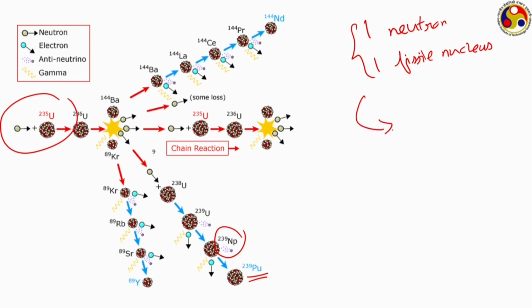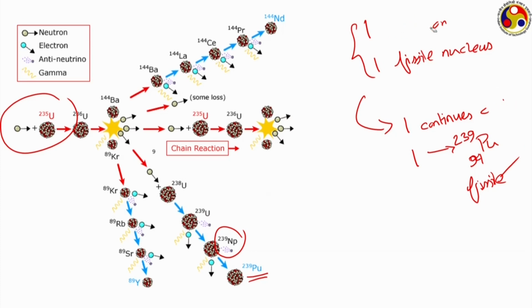From the neutrons which are produced, one continues the chain reaction, others may leak out, but one leads to the formation of Pu 239, which itself is another fissile material or fissile nucleus. Therefore, we have started with one fissile nucleus and we have also ended up with maybe a different, but still a fissile nucleus, and this is what we refer to as breeding.